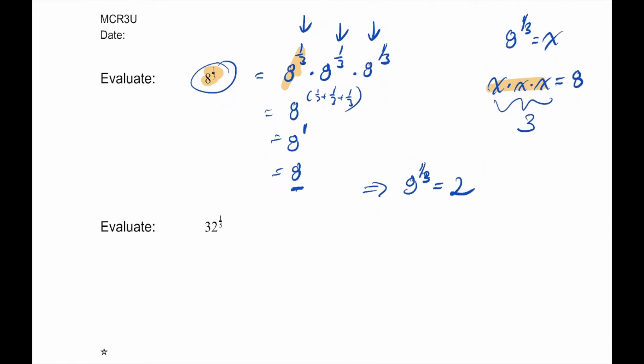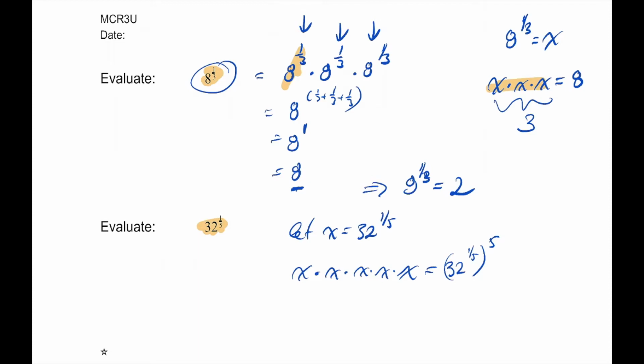Well, let's look at another example, applying the same strategy or technique that we just used to understand what that rational exponent might mean. In this case, we have 32 to the power of 1/5. Again, we might say let x equal 32 to the power of 1/5. We don't know what that value is, but we're going to take x times x times x times x times x, and that is going to be 32 because we multiply by itself 5 times.